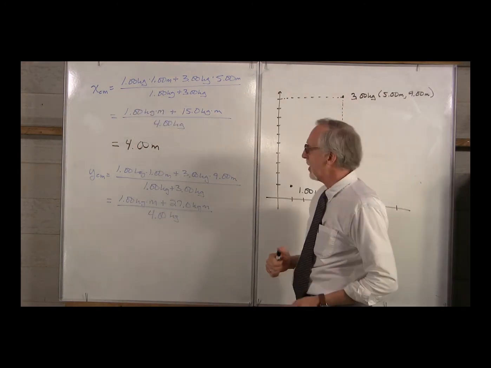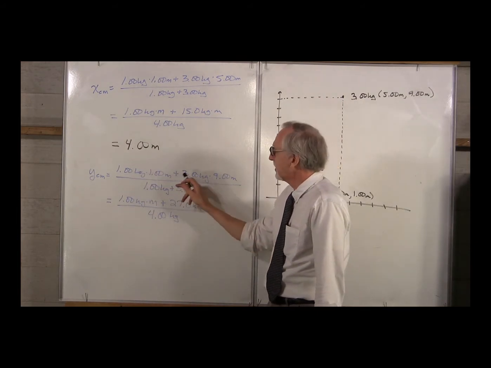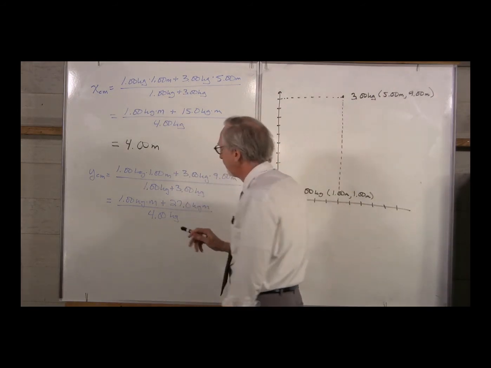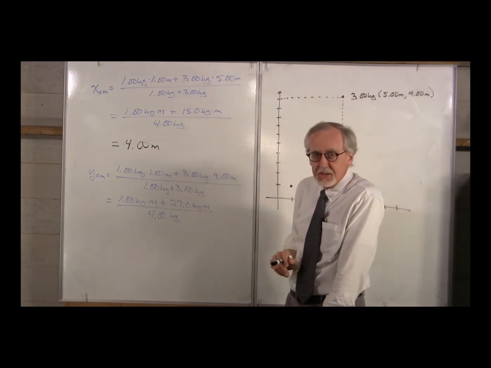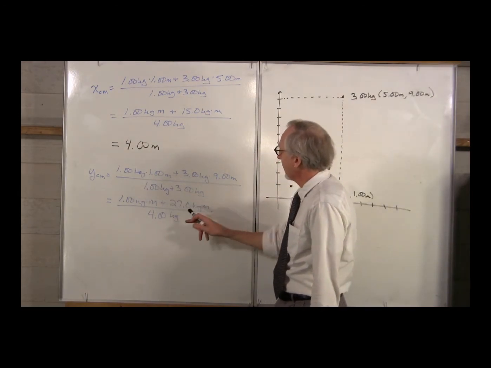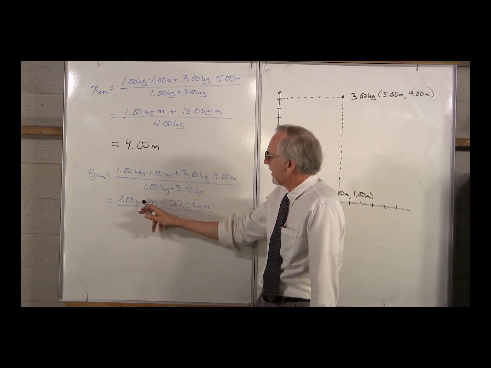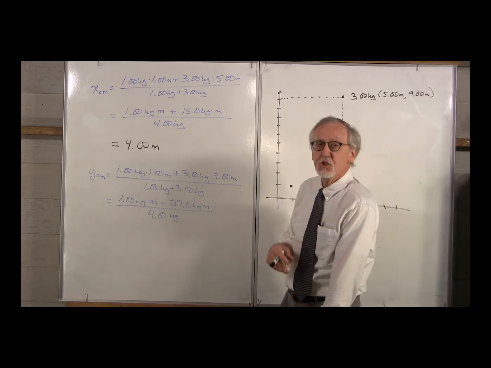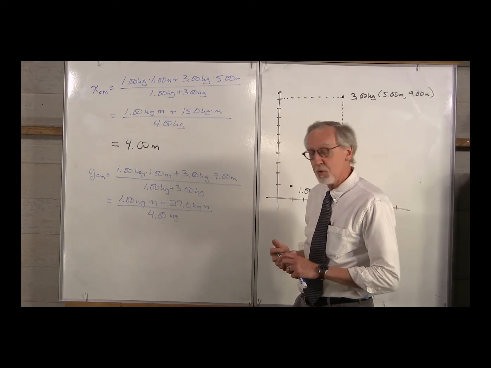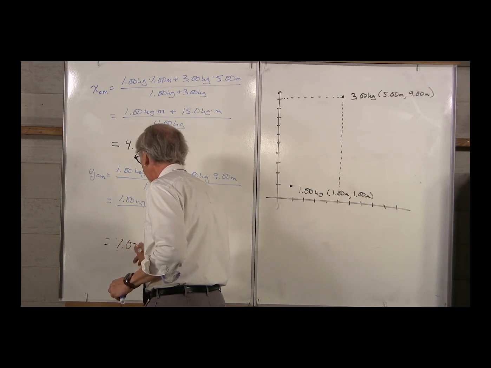What about YCM? We have M1 Y1, which is 1 kilogram times 1 meter, plus M2 Y2, which is 3 kilograms times 9 meters, over M1 plus M2, 1 kilogram plus 3 kilograms, which leaves us with 1 times 1 is 1, 3 times 9 is 27 kilogram meters, over 1 plus 3, which is 4. 1 kilogram meter plus 27 kilogram meters is 28 kilogram meters, divided by 4 kilograms is 28 divided by 4 is 7 meters.